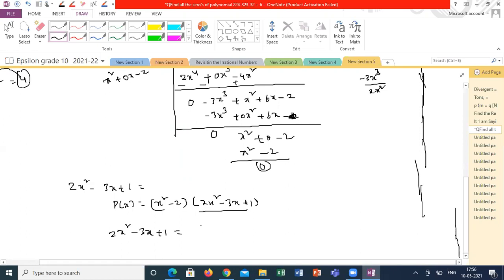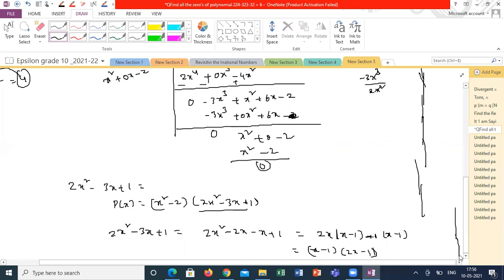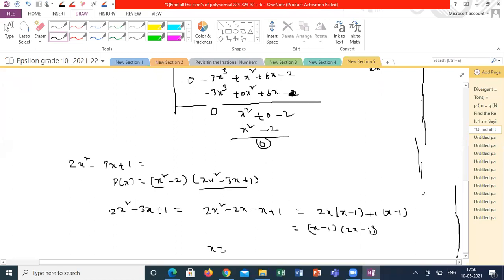How to factorize this one, splitting the middle term? Correct or not? Yes, sir. 2x square minus 2x minus x plus 1. Taking 2x common, x minus 1. Taking minus 1 common, x minus 1. So x minus 1 into 2x minus 1. So x equal to 1 and 1 by 2 are the remaining zeros of the polynomial.